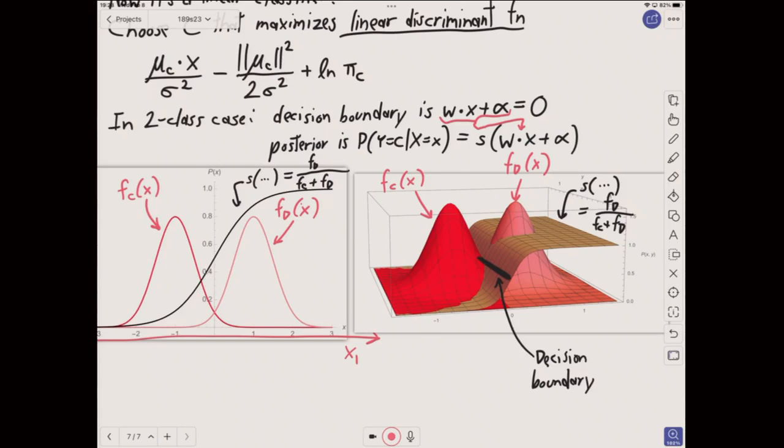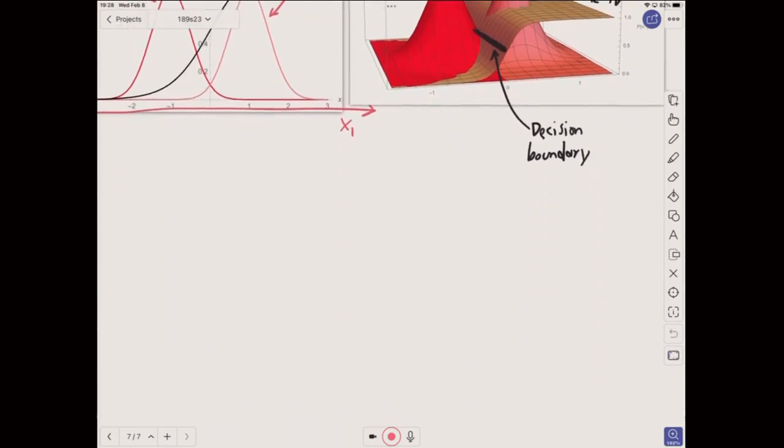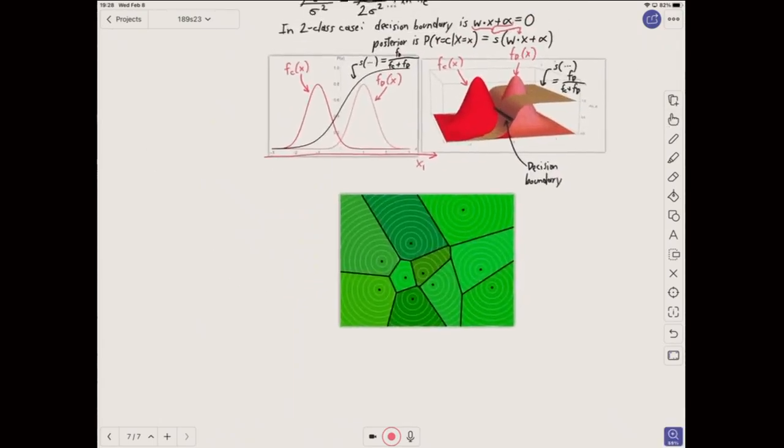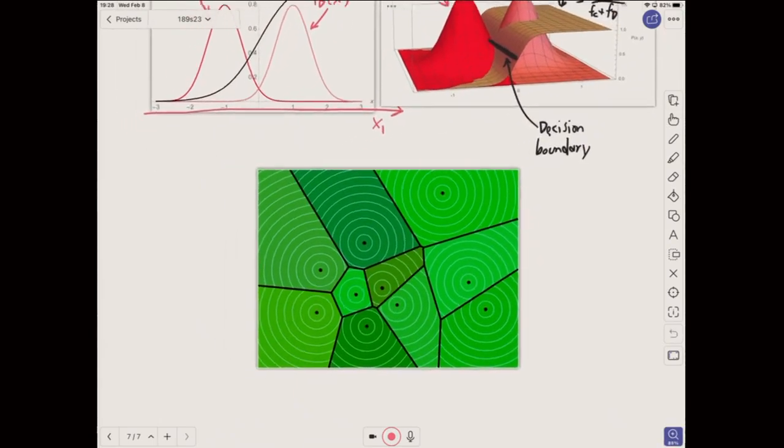Now, one more thing I want to show you is, okay, what will this look like if I have more than two classes? Well, LDA looks something like this. It's just a regular Voronoi diagram without the curvy edges.